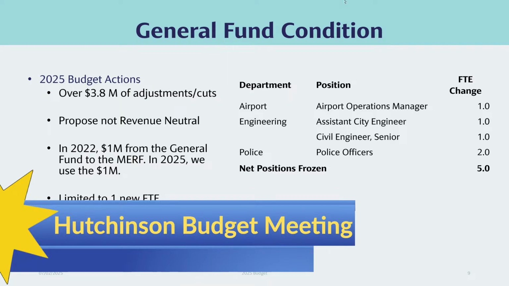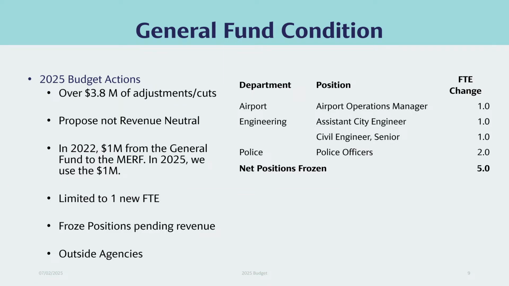We had over 11 new FTE requests, and we're only proposing one to be funded in this budget. We are also proposing to freeze positions pending revenue. If sales tax revenue comes in higher than projected or franchise fees increase, we could always unfreeze these positions and allow these positions to be filled by departments.